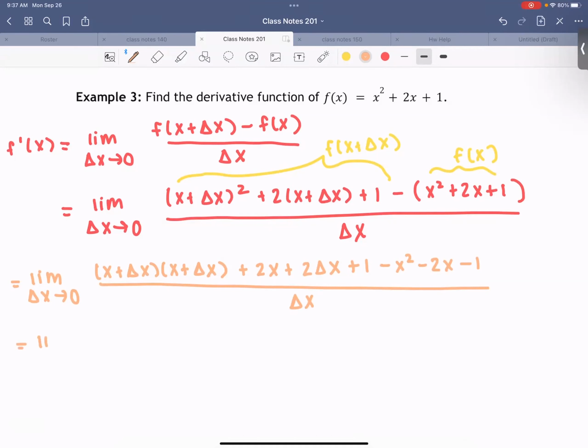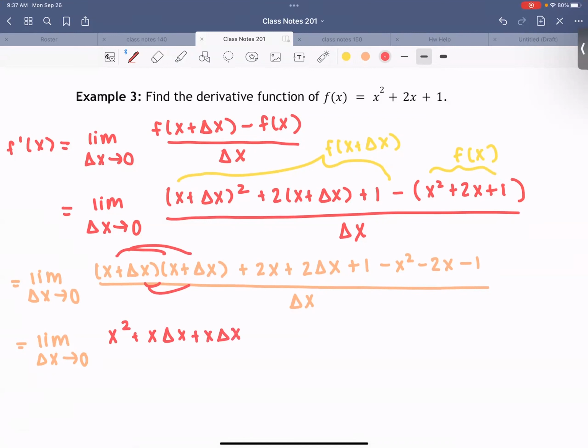All right. So we have the limit as delta x goes to 0. Looks like we can FOIL out some stuff here. Let's do the FOILing part. We have x times x, which is x squared. We have an x times a delta x, another x times a delta x, plus delta x squared.